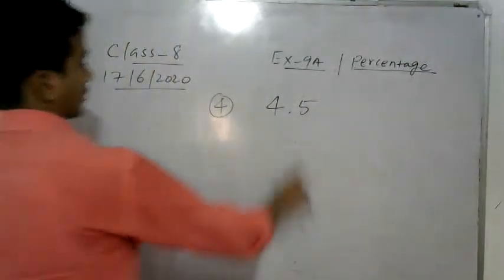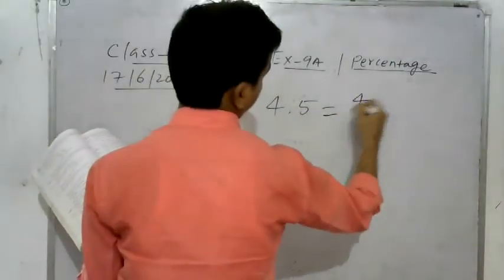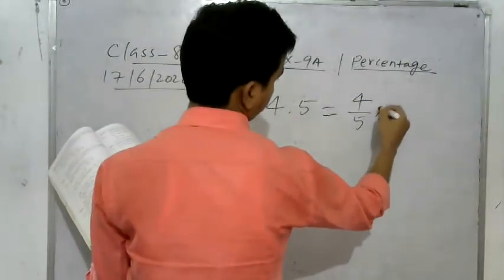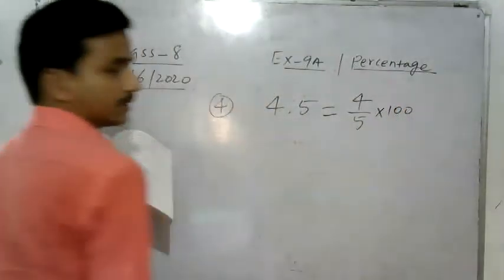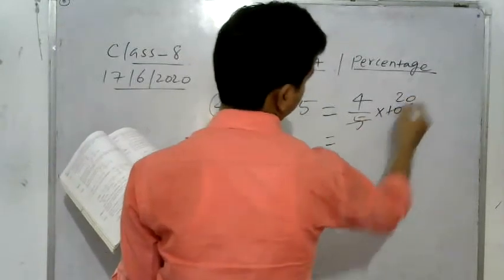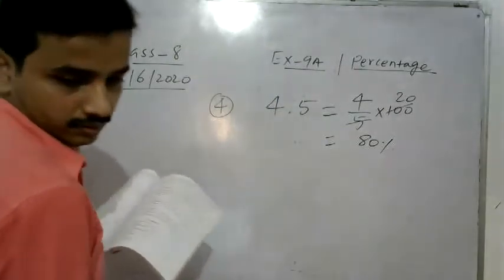We have to convert this ratio into a percentage. So you know 4:5 means 4 divided by 5, and to convert this fraction into a percentage, what do we do? We multiply by 100. So 5 will cancel, 20 times 4 is 80%. That is the answer. Okay.